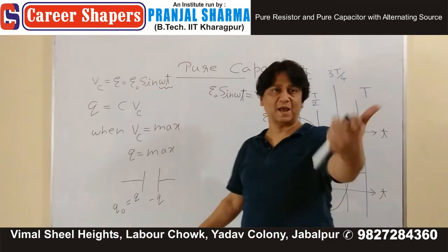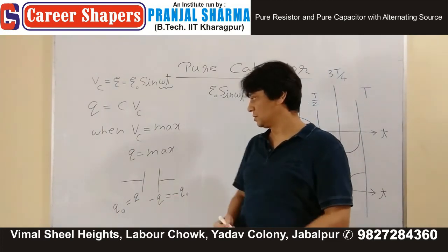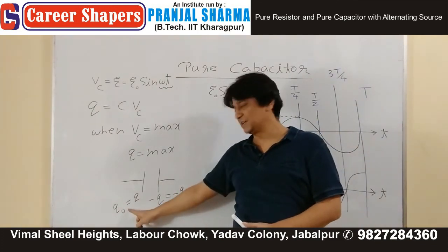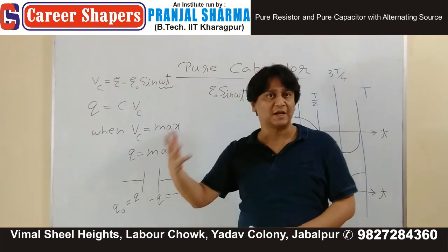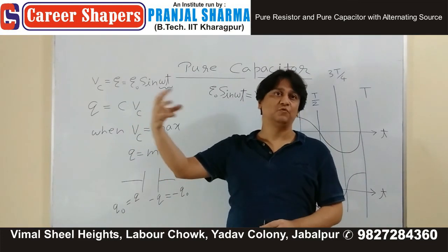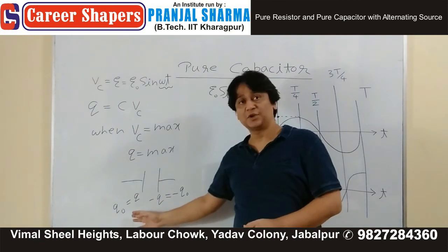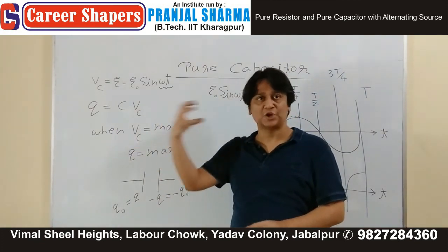What is Q naught? Maximum. And this minus Q is minus Q naught. So the capacitor has got maximum charge. If it has got maximum charge, that means it does not want any further charge on it, because you are saying charge is maximum. It is not going to accept any more charge.